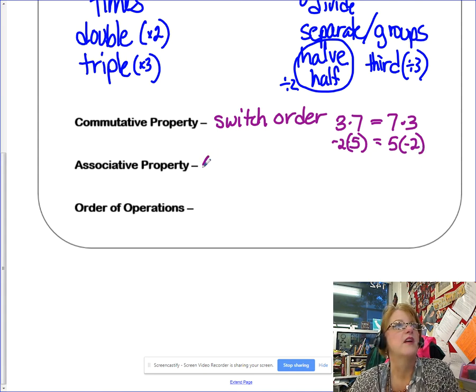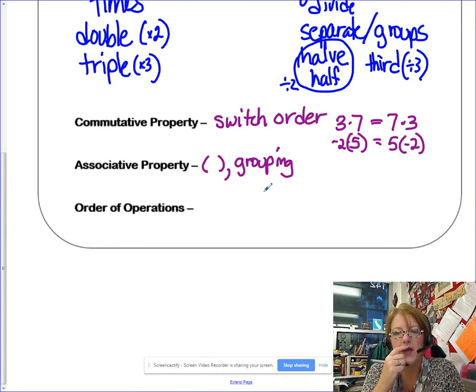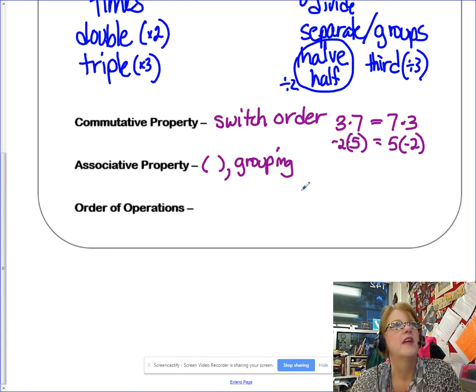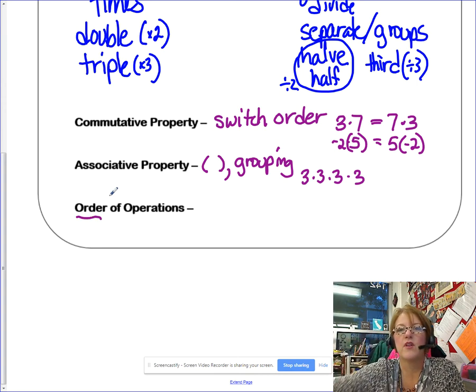Associative property. Remember, I usually give you a hint by writing parentheses there and the word grouping. If you have a whole bunch of multiplication, like the problem from section 2.1, a string like 3 times 3 times 3 times 3, normally order of operations says go left to right.